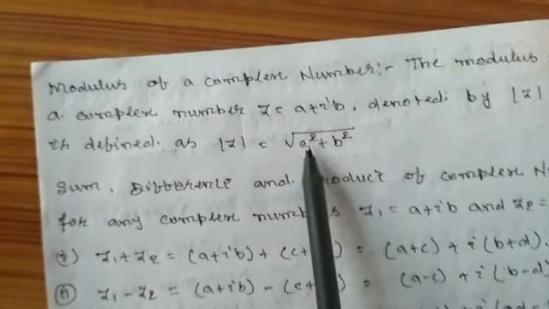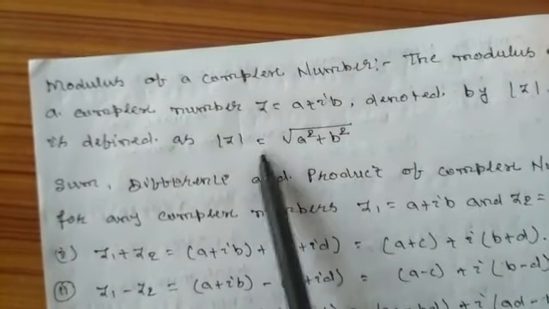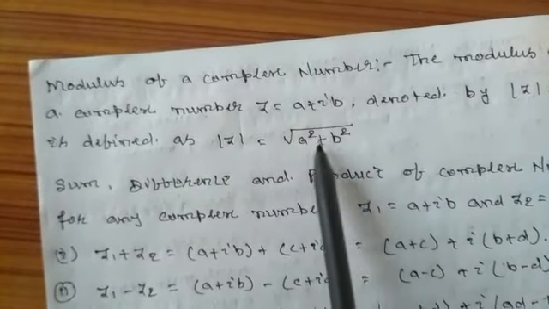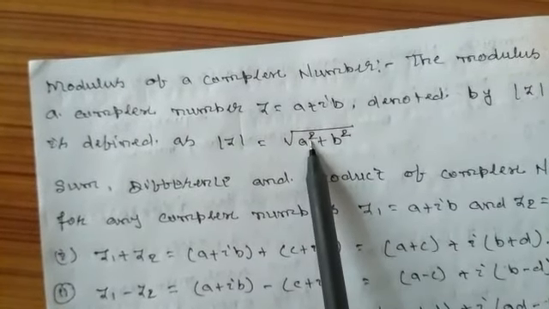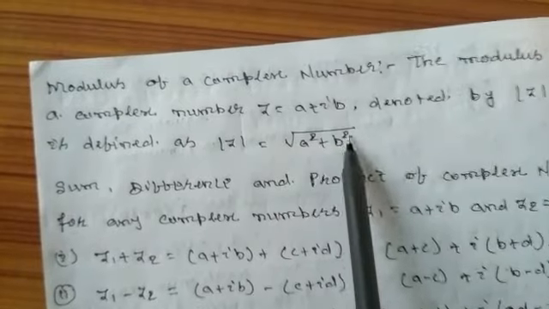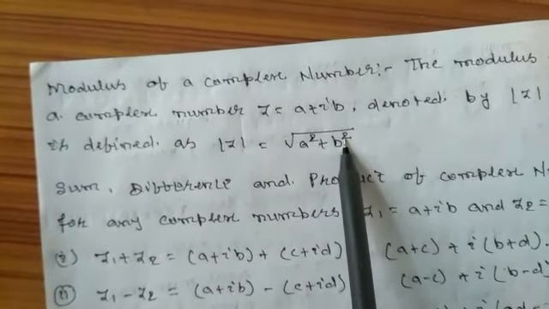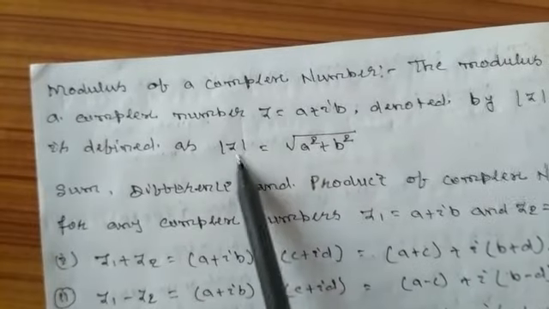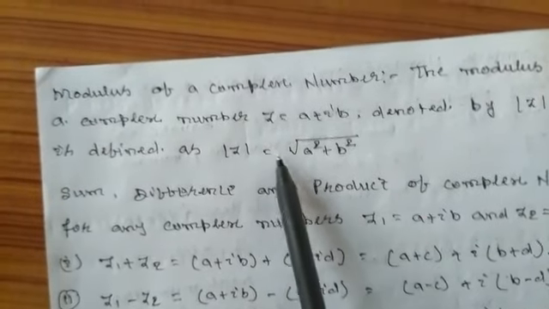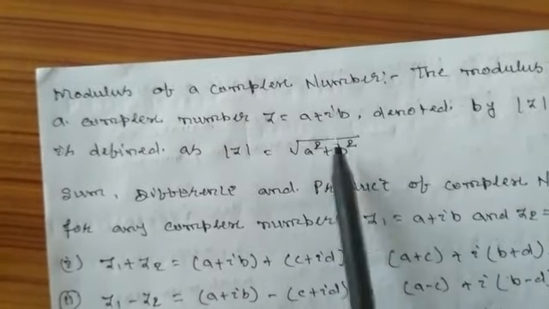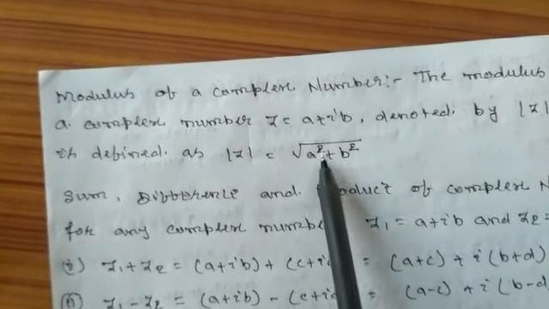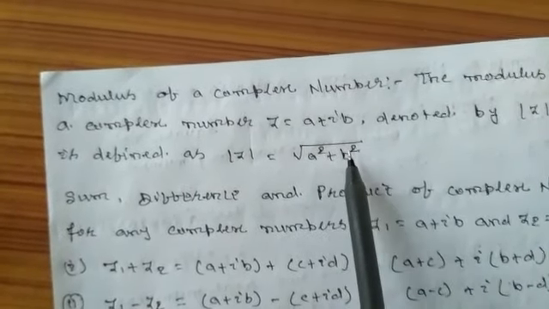It means that the modulus of a complex number is the square root of the sum of the squares of its real part and imaginary part.